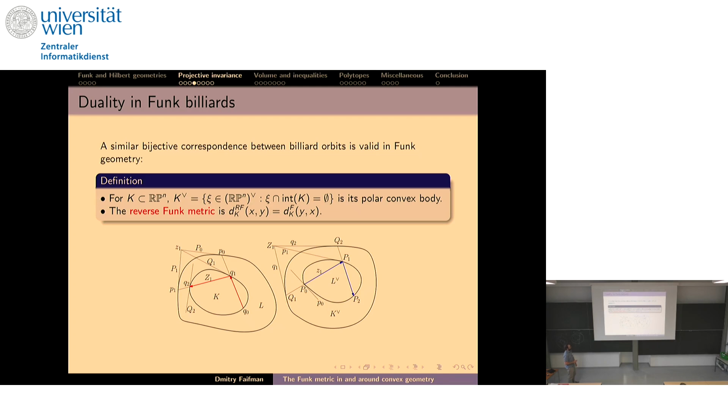So P0 capital is the tangent hyperplane at the point P0. That's the relation between left and right. So you're standing here and you hit Q1. So this is the direction you're going to be traveling from because this is the reverse Funk metric. Now you're traveling from Q1 through P0. You hit the new direction. So P capital 1 is the tangent hyperplane to the new direction you're going to follow now.